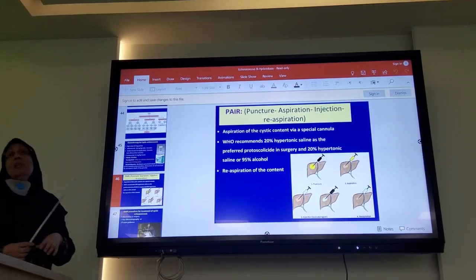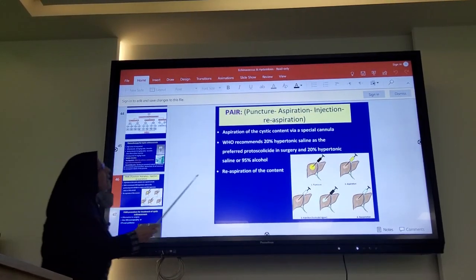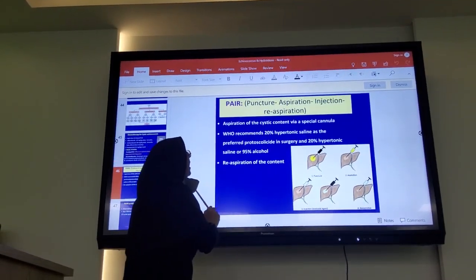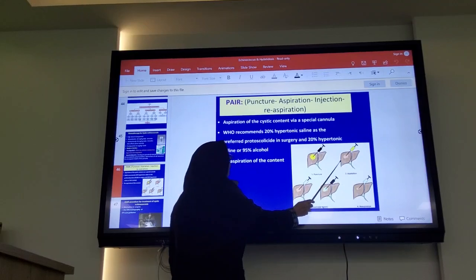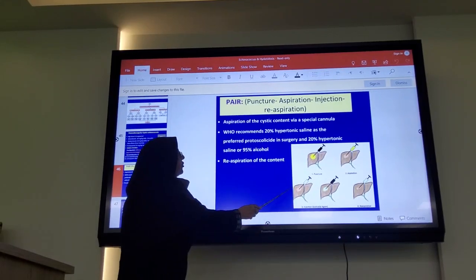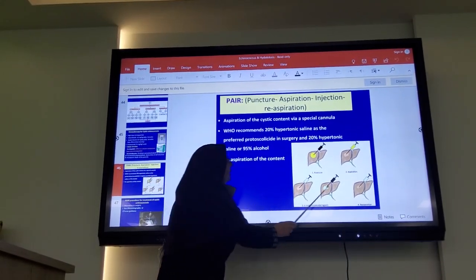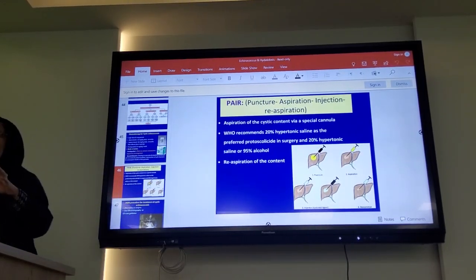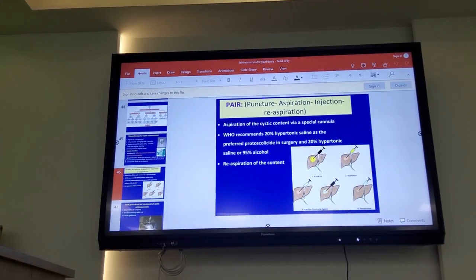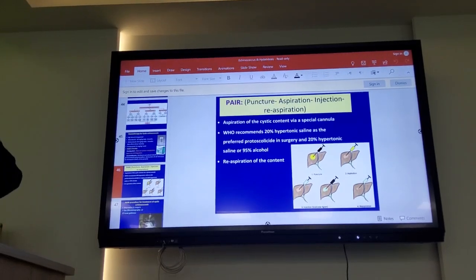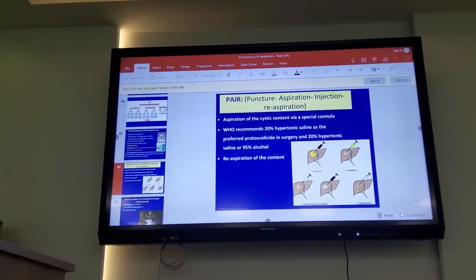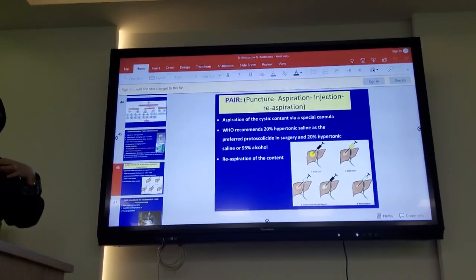Okay, let's talk about PAIR. P means puncture, A means aspiration, I means injection, and R means re-aspiration. This is used when the cyst is in the liver or any part that can be accessed through the skin, and the size of the cyst is about 5 to 10 centimeters, not too big, not those in the brain.